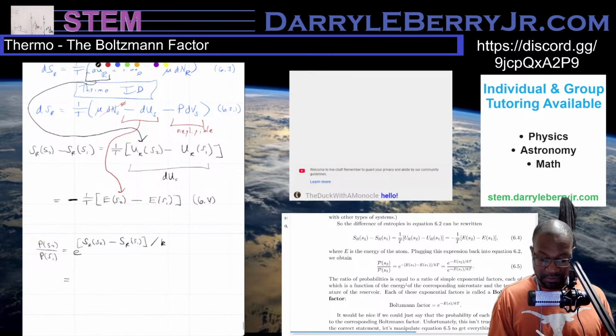So that's going to equal, when I substitute that, e to the negative (E_S2 minus E_S1) divided by kT.